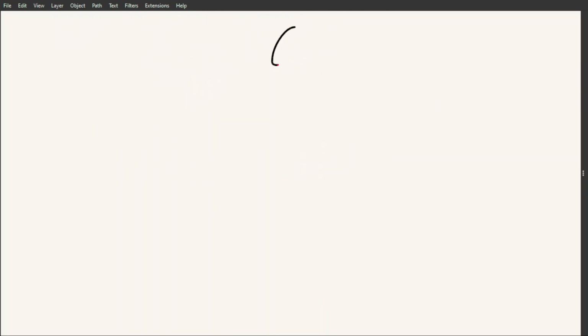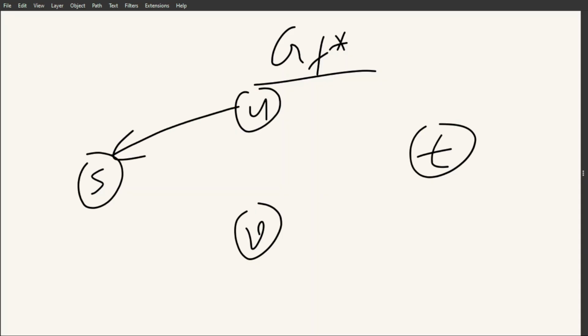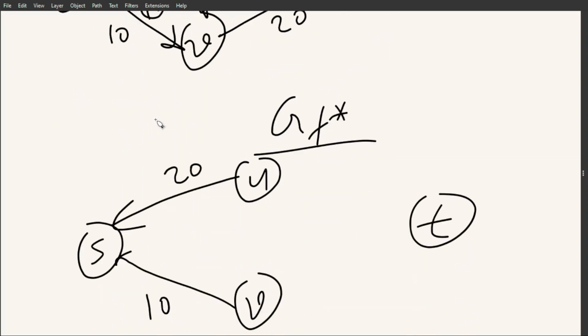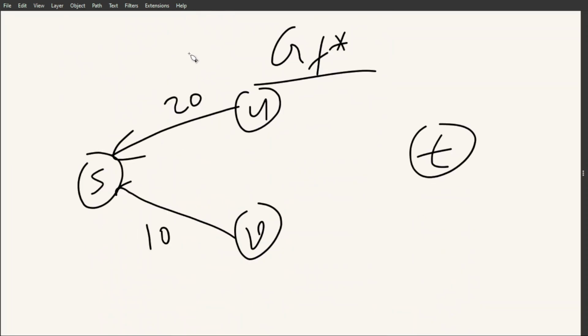The final residual graph that we get is like this: S, U, V and T. We have backward edges of capacity 20 and 10. Here both capacities are full, so we cannot have a forward edge, only a backward edge equal to the value of the flow. Now here we have 20 and 10.